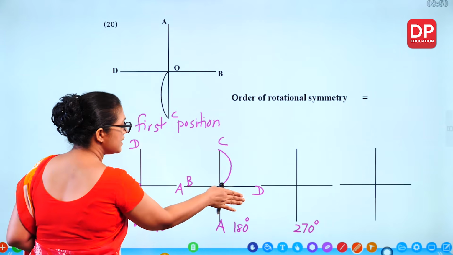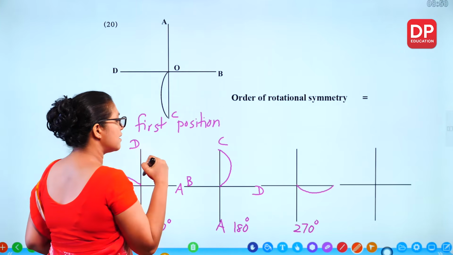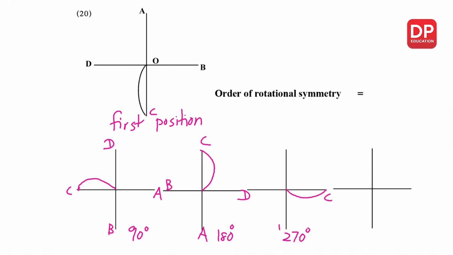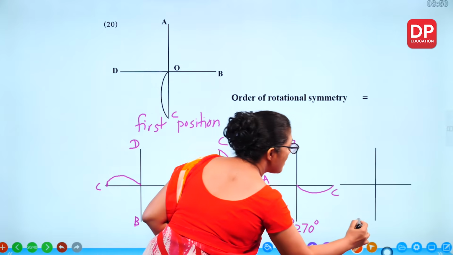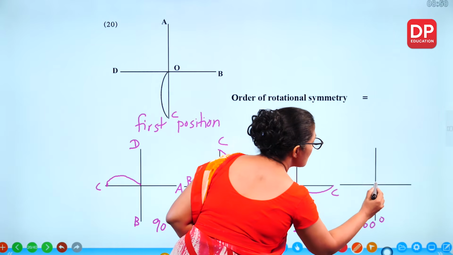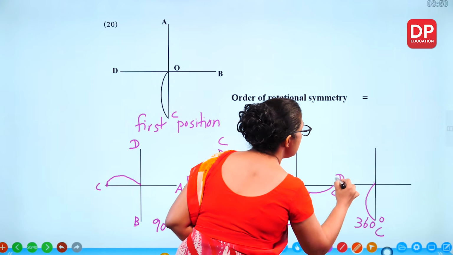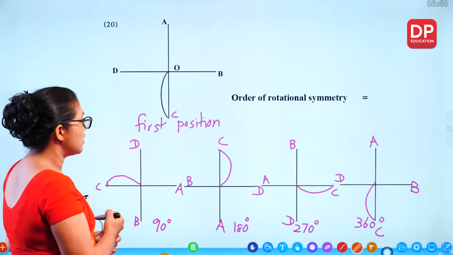What happens to this petal? When you rotate, it goes like this. And what are the letters? C is here, C, D, A, B. And then finally, when you rotate another 90 degrees, that's 360 degrees, you get this one, petal this way, and C comes here, D, A, B. That's the first position again.